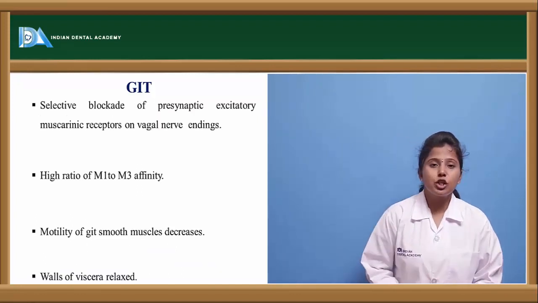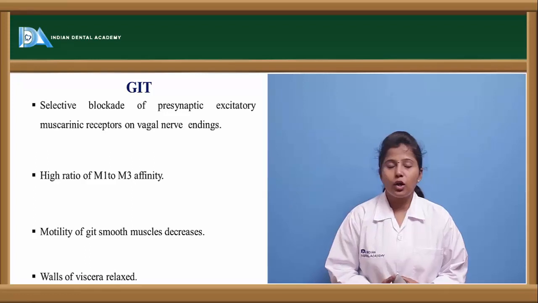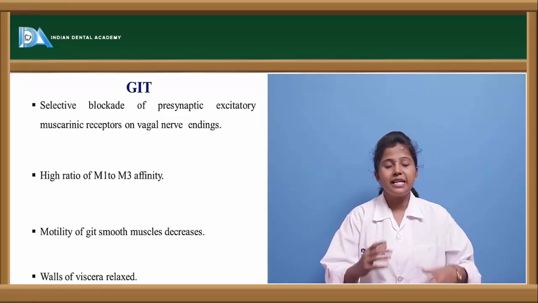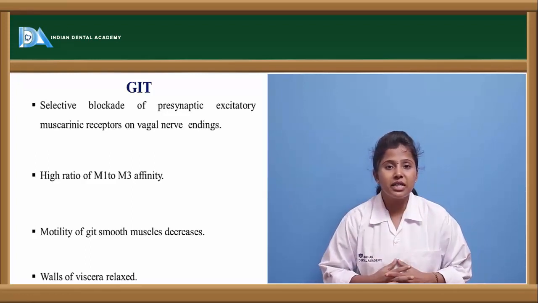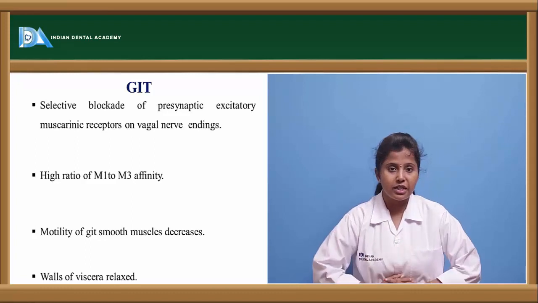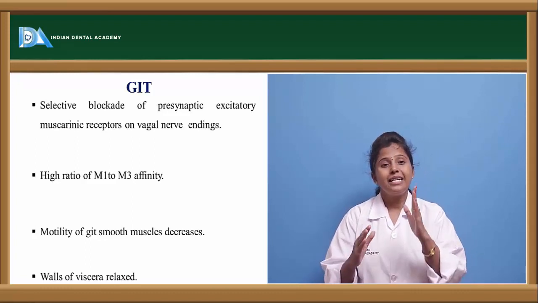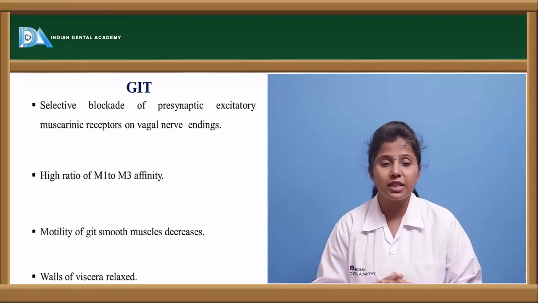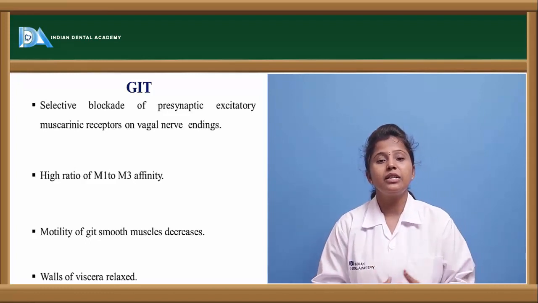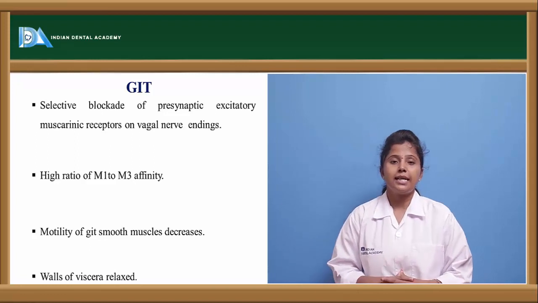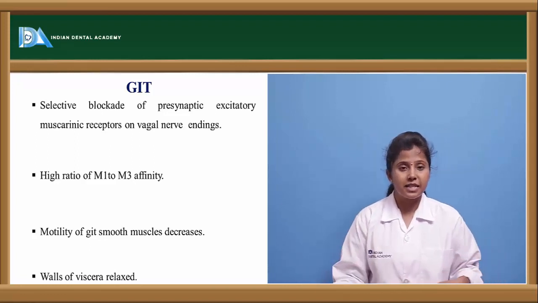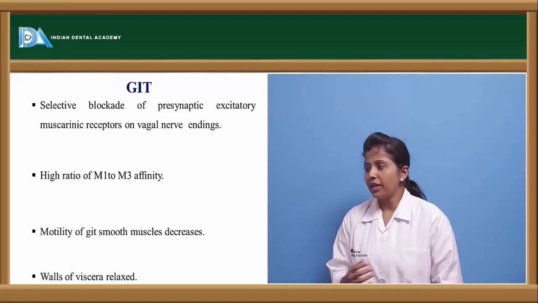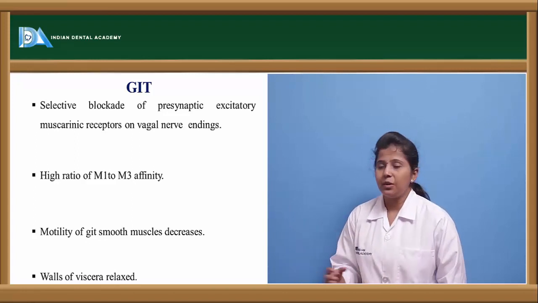The other actions on the GIT: the M1 as well as M3 receptors are present in the gastrointestinal tract. But the antimuscarinic drugs have higher affinity towards the M1 receptor rather than the M3 receptors or other muscarinic receptors. So because of that, the motility of the GIT will be decreased.